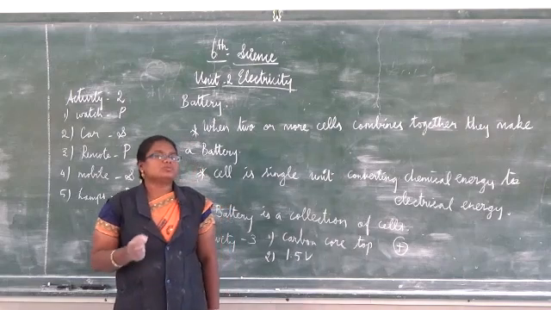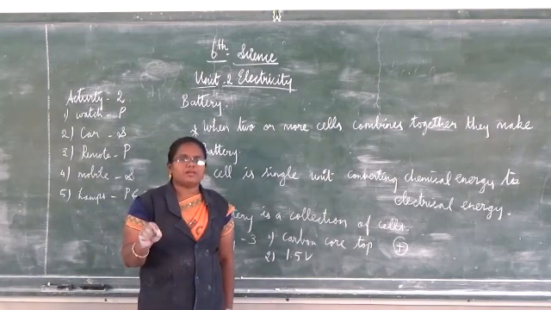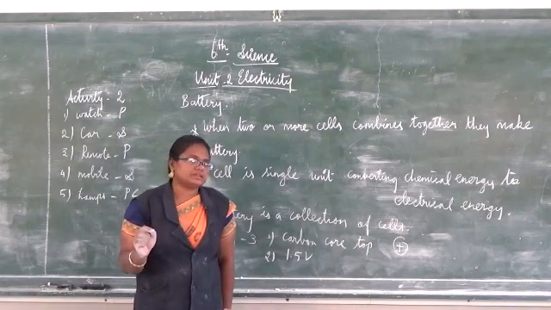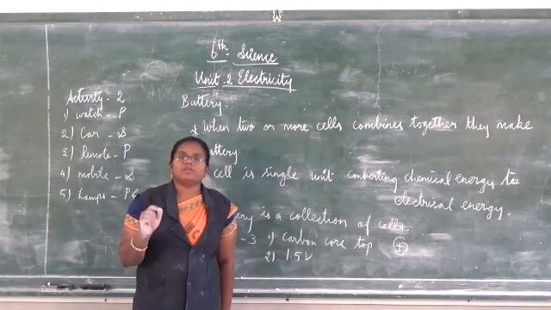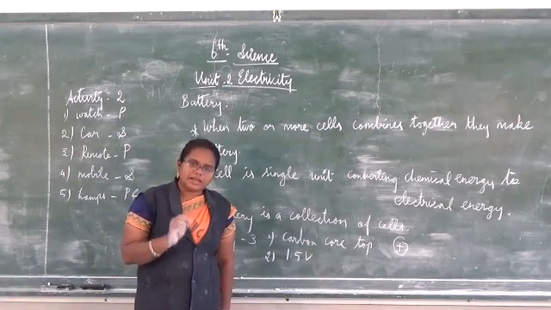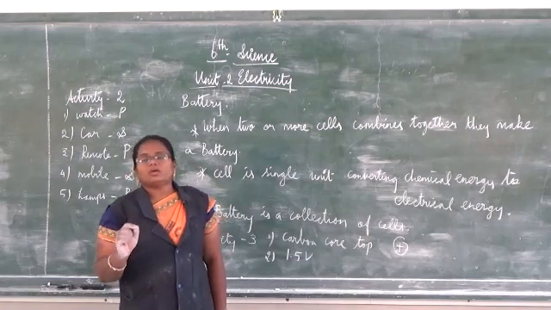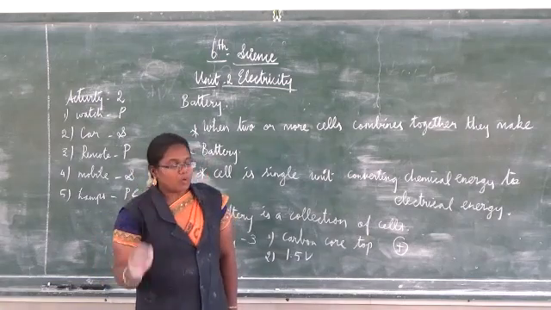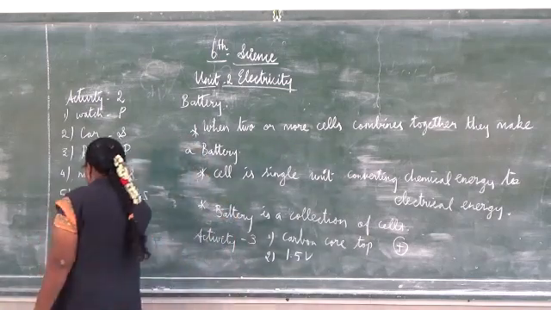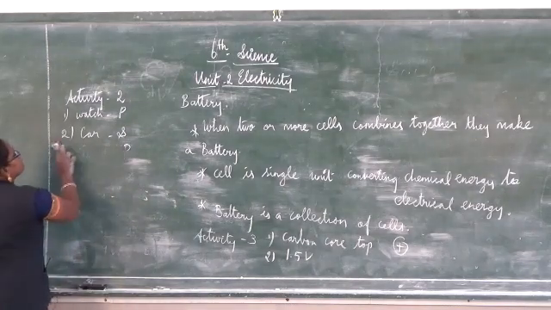So we can't play there. We have to be very careful when handling electricity. How we are scared of fire, the same way it is also very, very dangerous. So don't play anything with the electricity. That's what they have given in the warning.